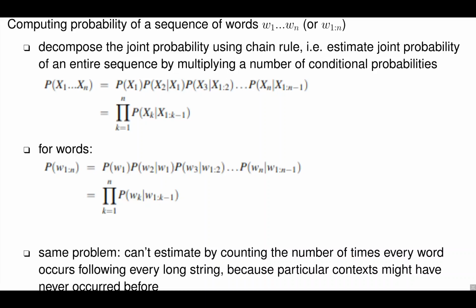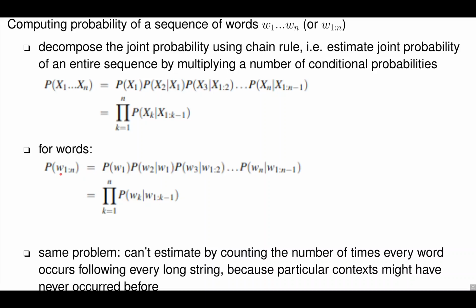So we're multiplying out these conditional probabilities. So we have a product of the conditional probabilities. In the full case, of course, we have the conditional probabilities of the final event in a sequence, given all the preceding events in a sequence. So for words, we can write it out as follows.